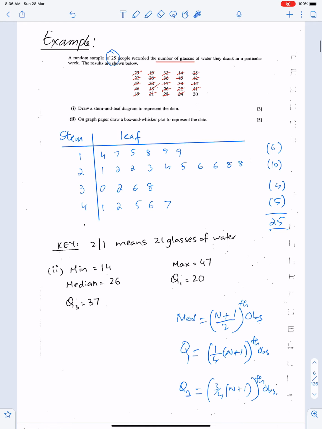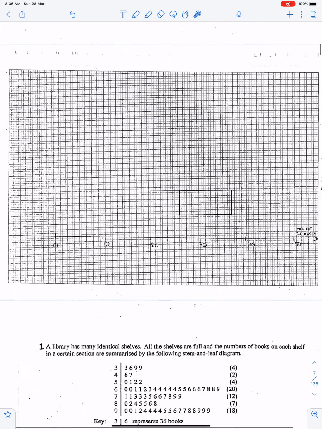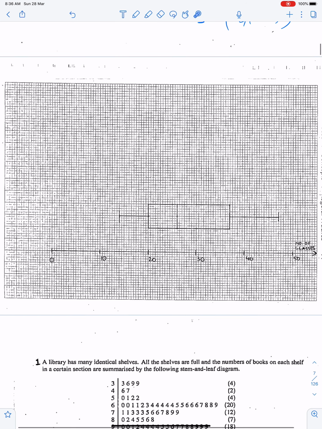And use pencil for diagrams. Now box plot. For box plot, use the graph paper horizontally, but now you will get the printed graph on the answer sheet.